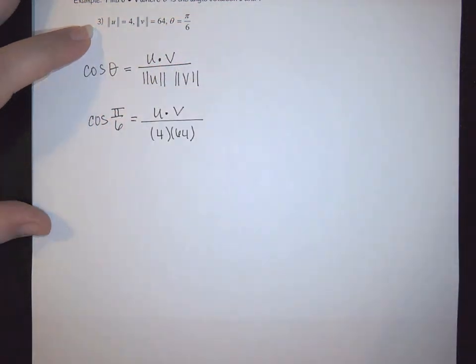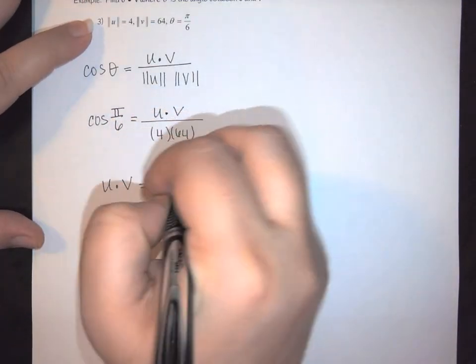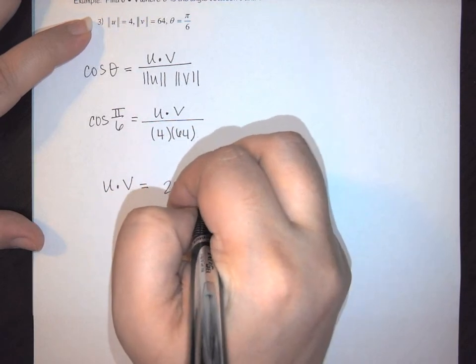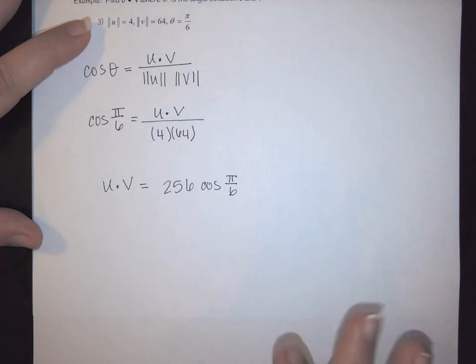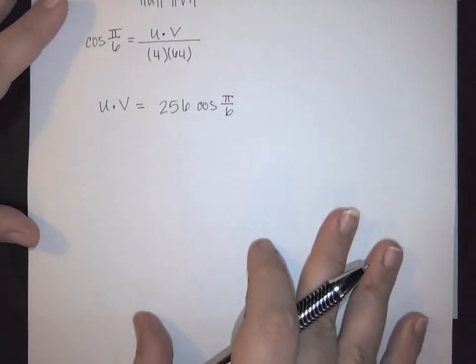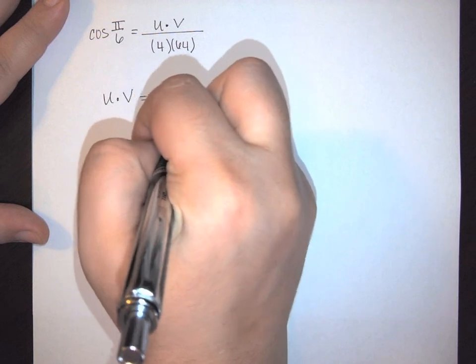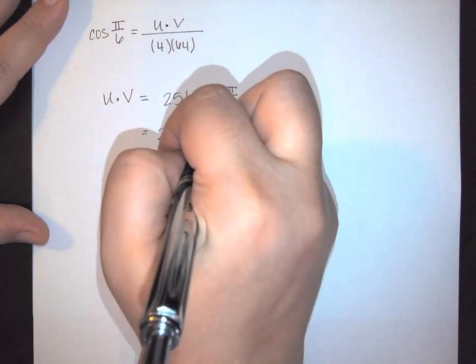So I just simply need to solve. So u dot v is going to be 256 cosine of pi over 6. In this case, I know pi over 6, so this is going to be 256 times the square root of 3 over 2.